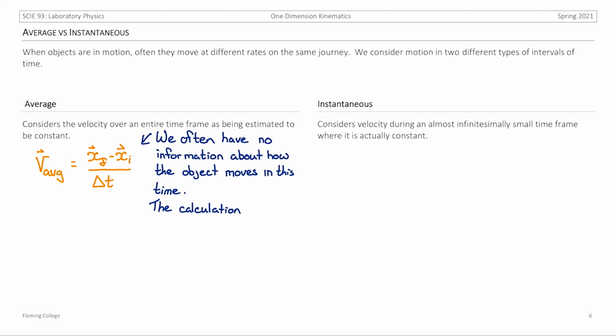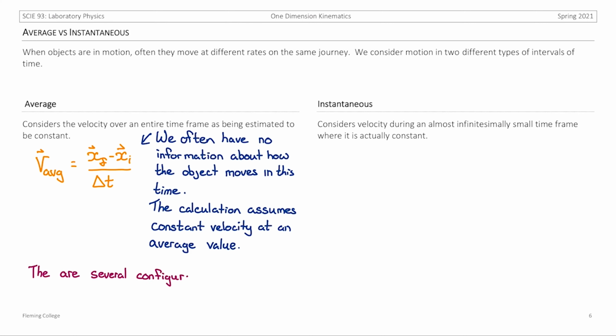So when we complete this calculation, we're really getting an average that it would have taken to travel that same amount of distance over that given time. And the calculation automatically assumes that it has a constant velocity at the average value. We need to be careful. So we've called this our average velocity, and we'll see that there are actually several different applications and several different uses of that word average velocity.